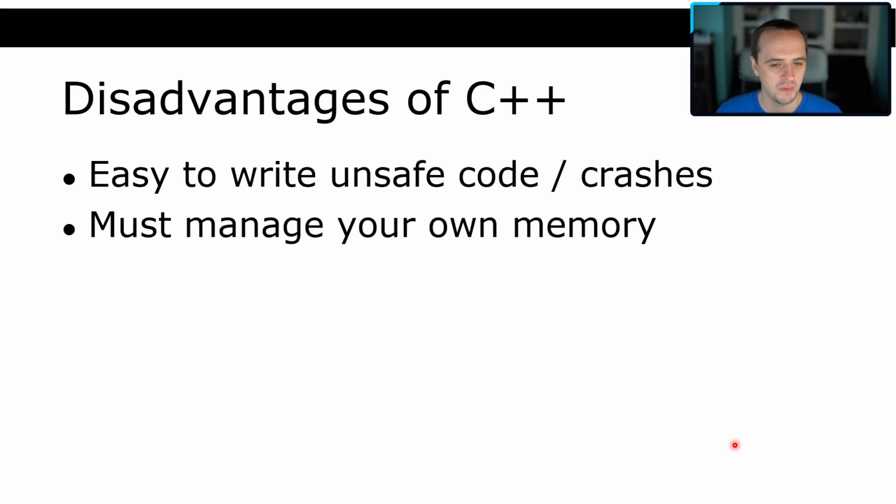However, more modern versions of C++, and we'll be using C++ 17 in this course, make it much, much safer to write really, really powerful code. So the more modern versions of C++ that you'll see and that we'll be using in this course, it's actually kind of difficult to write unsafe code because the standard template library gives us all of the tools that we'll need to be able to write really safe and really fast code.